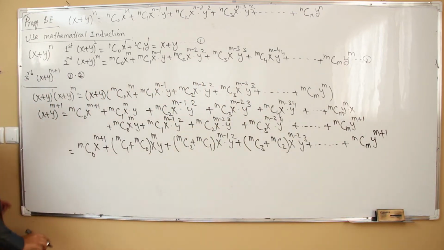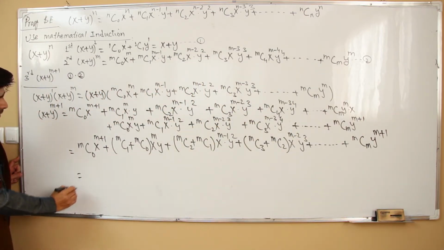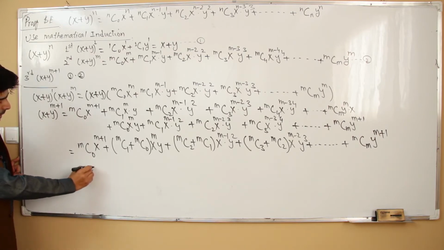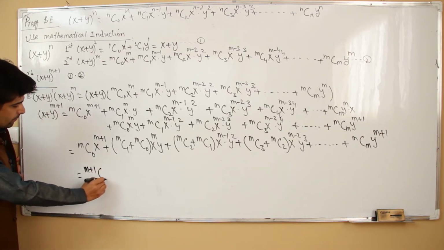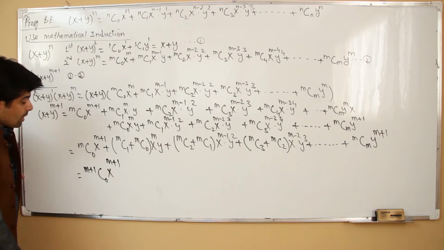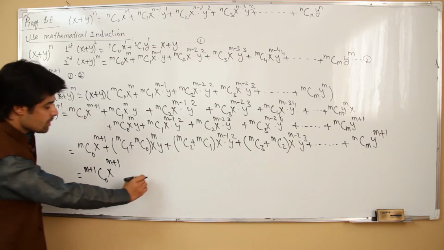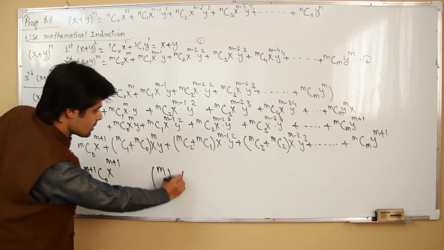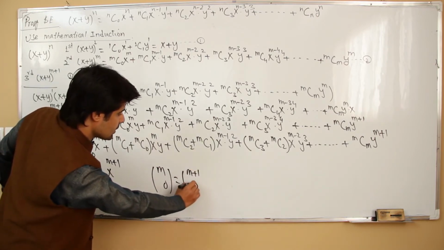Now, one thing more that you have to know is, can we write this one as m plus 1 C0 x to the power m plus 1? Yes, we can write. Why? Because this one means m by 0 and this one means m plus 1 by 0.